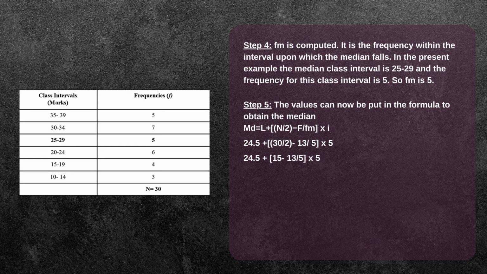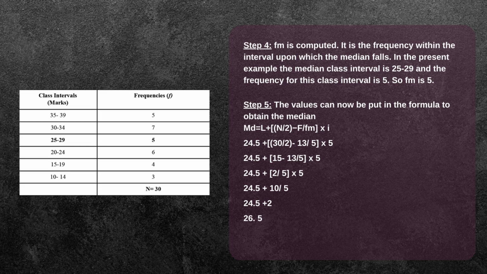Thus, the median score we obtained, which is 26.5, again falls in the median class, which is 25 to 29. You can see that whatever calculation we have done also falls into the same class interval, which is 25 to 29.